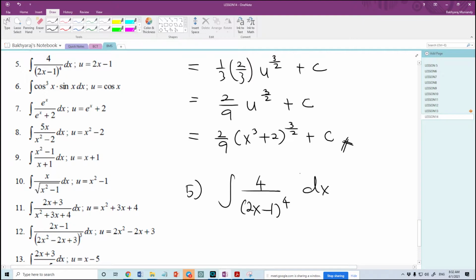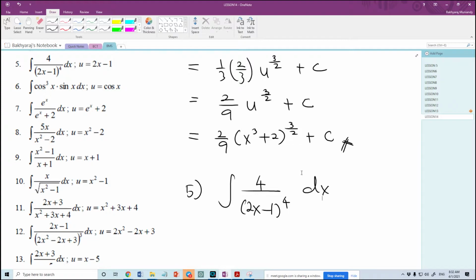Last week I gave you a formula for this. That formula is actually originated from the u substitution. So u substitution is the mother of the formula. If you know u substitution, you can solve most of the problems. Most of the formulas come from u substitution.